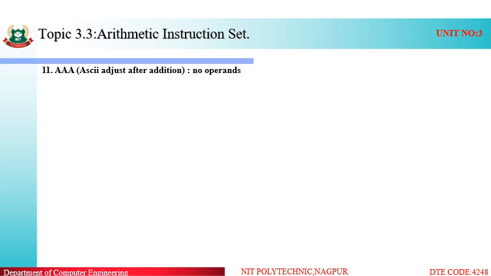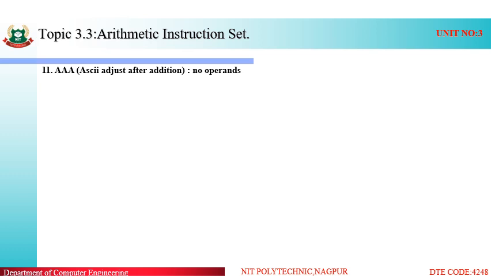Now coming to instructions related to the ASCII number system. There are 4 major instructions. In all the 4 instructions related to the ASCII number system, we don't have to specify any source or destination. Only the opcode is present in case of the ASCII number system.